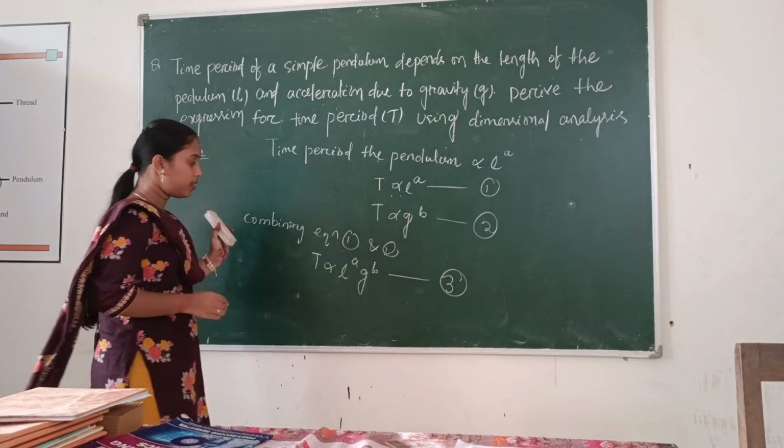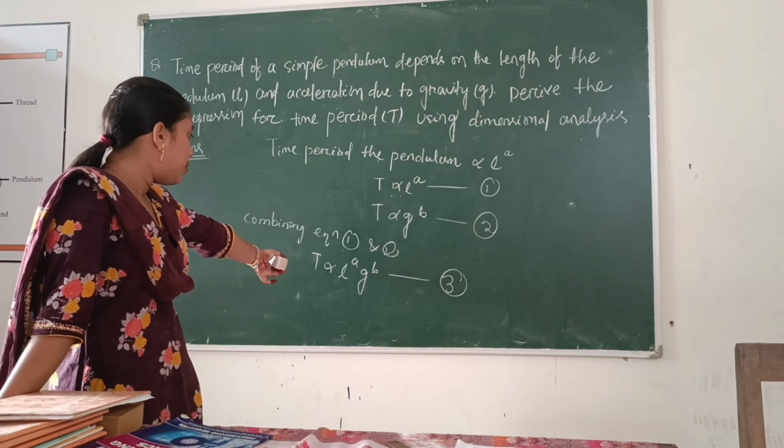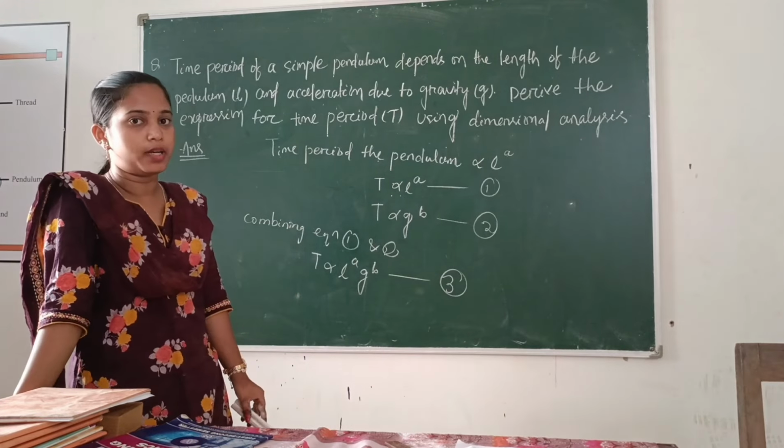Now writing the dimensional formula of each and every term. It is our time period, length, and g is our acceleration due to gravity.